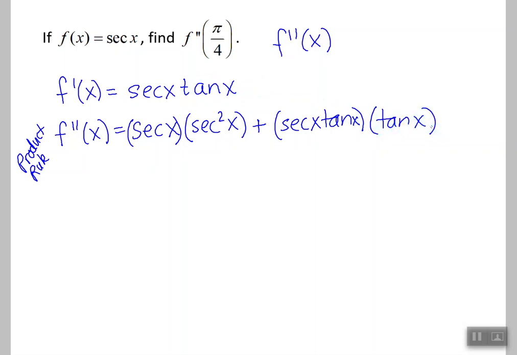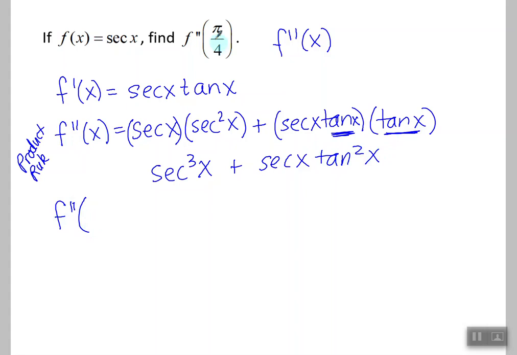We can clean this up a bit to make our next step a little bit easier. Secant x times secant squared x makes secant cubed x. Here I have only one secant x, and then I'm multiplying tangent x times tangent x, which is tangent squared x. Now that we have f double prime of x, we can plug in the x value pi over 4.